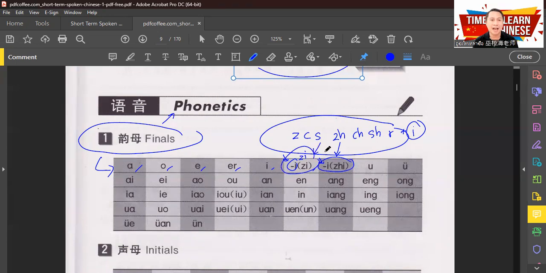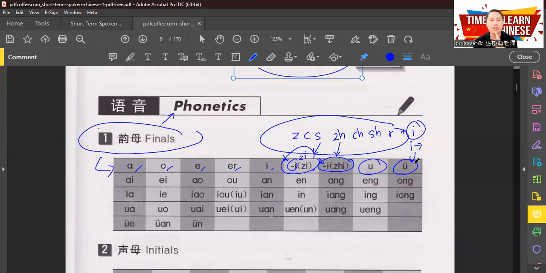This one is ZI. Okay, next one, U. We will pronounce it like U. Again please, U. And next one, U with dots on top. We will pronounce it like I in Chinese, which is E, and then you have to change your mouth like this.